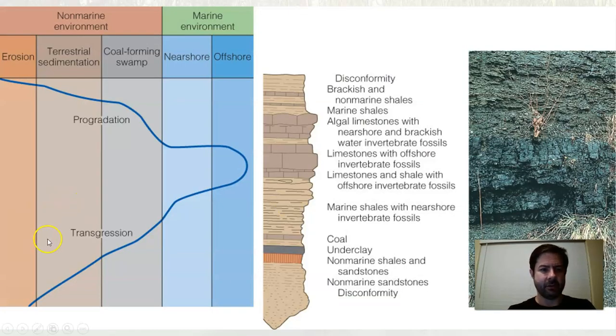So how does this look? If we're looking at a Cyclothem series in a sequence, we have transgressive events, so we go from terrestrial sediments, so Aeolian sandstones, things like that, river sand sediment turning to sandstone, and then a clay layer, and then we finally get to the coal here.